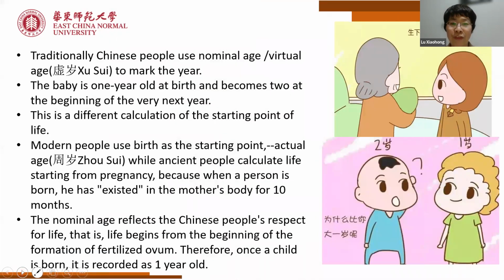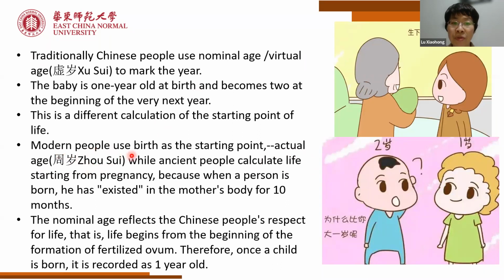Now let's start from the very beginning. Traditionally, Chinese people use nominal age, or virtual age, in Chinese 虚岁, to mark the year. The baby is 1 year old at birth and becomes 2 at the beginning of the very next year. This is a very different calculation of the starting point of life from what we call the actual age, 周岁.